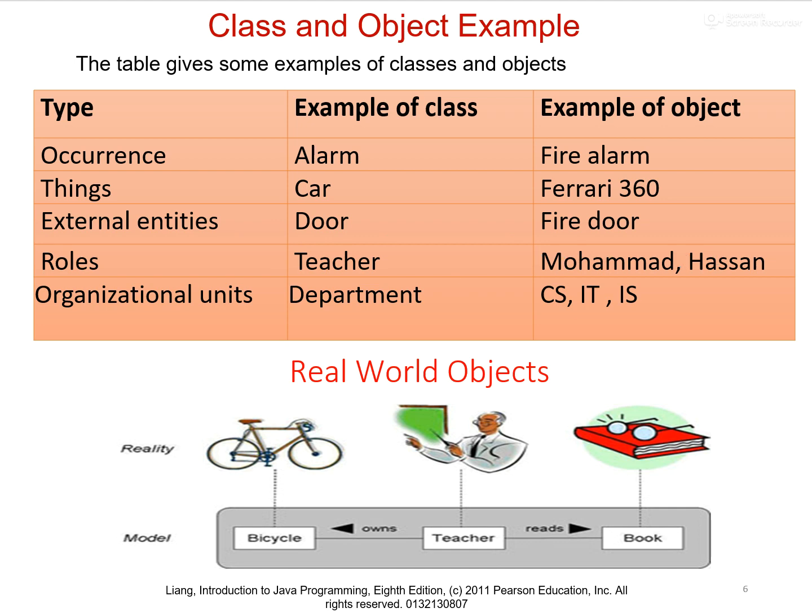You can use classes and objects to represent organizational units, such as a department class, and example objects would be the CS department, the IT department, the IS department that we have here at FCIT.